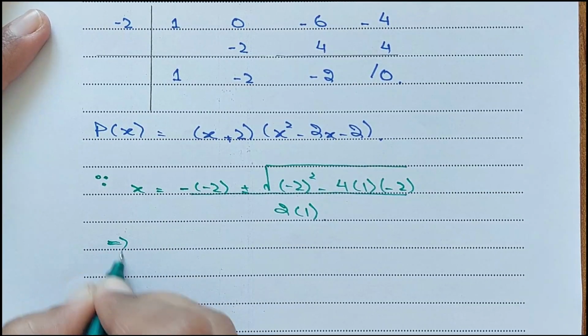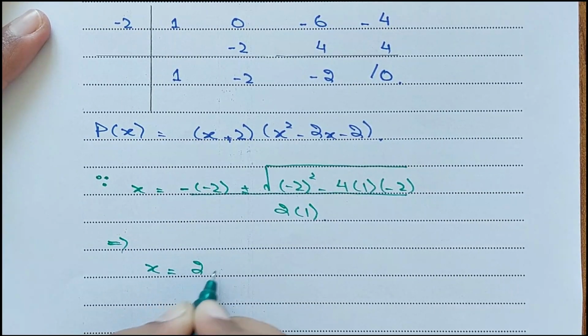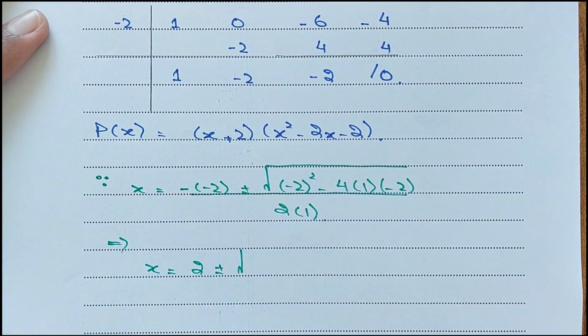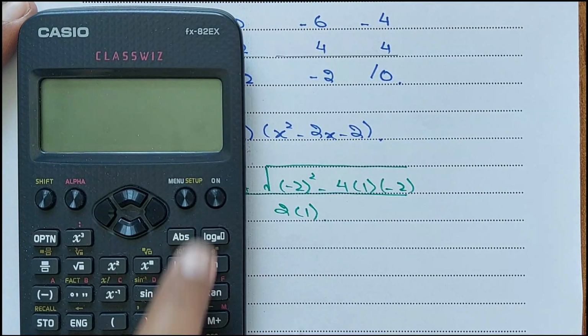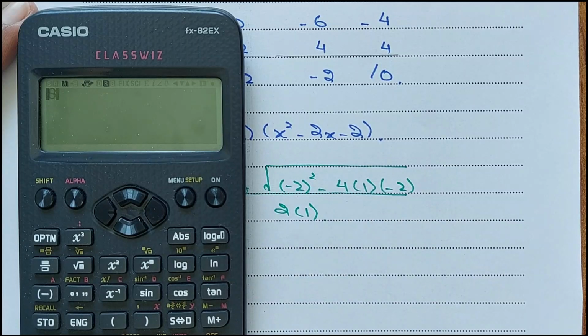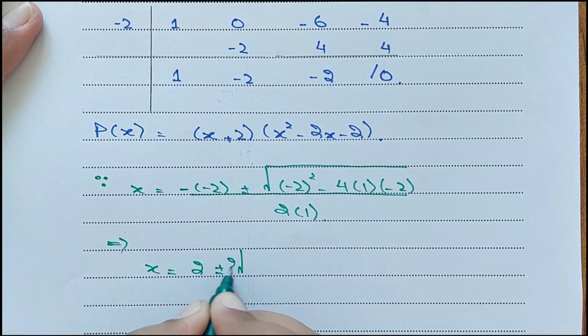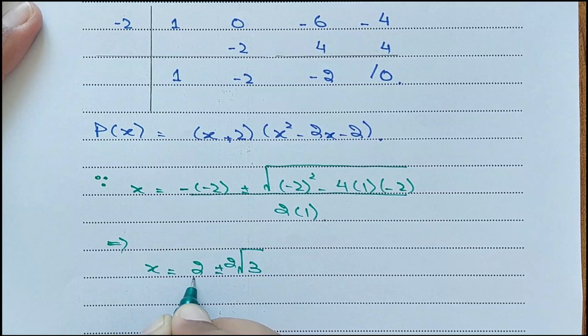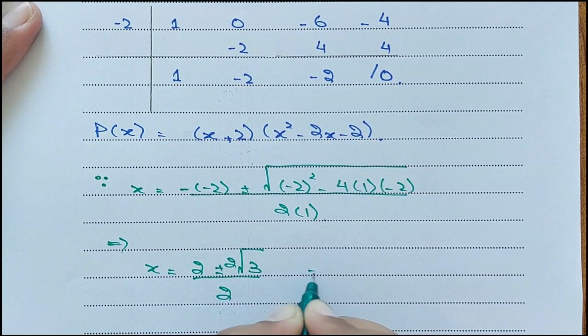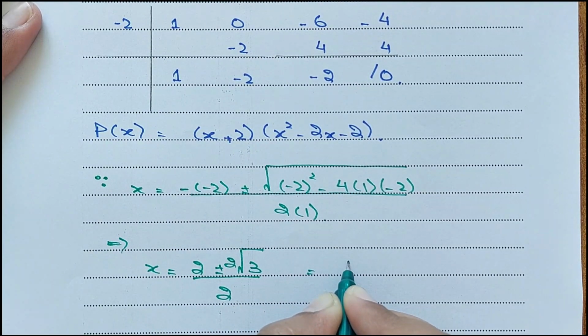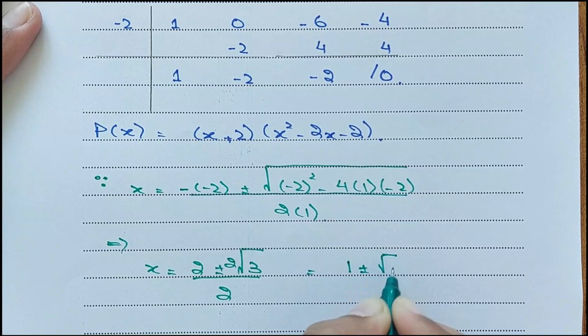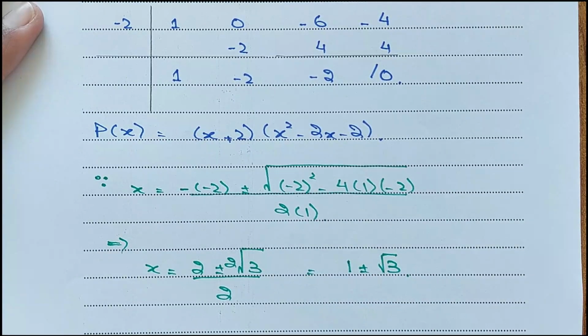So here we can say x would be equals to 2 plus minus square root. We have 4 times 2 is 8 and plus 2 square is 4. So square root of 12. 2 square root of 3 over 2, or here we can say 1 plus minus square root of 3, right?